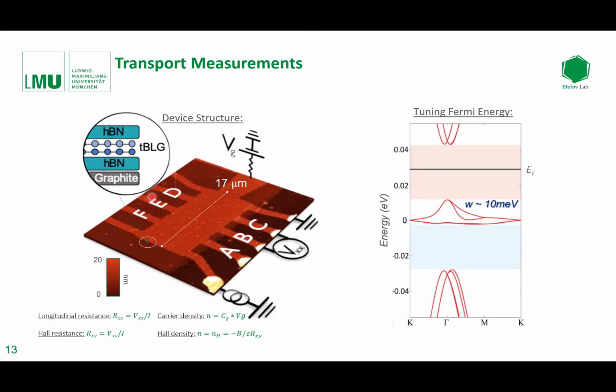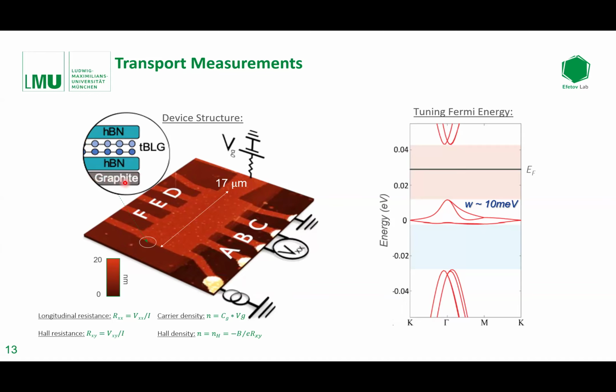And the other thing in these materials, which is really nice, is that you can integrate them in these van der Waals heterostructures and apply all the different tricks we learned over the years in this field. The typical devices are encapsulated in hexagonal boron nitride layers. Those are just insulating spacers that improve the quality of the TBG.